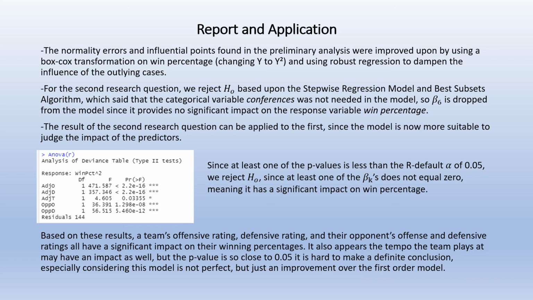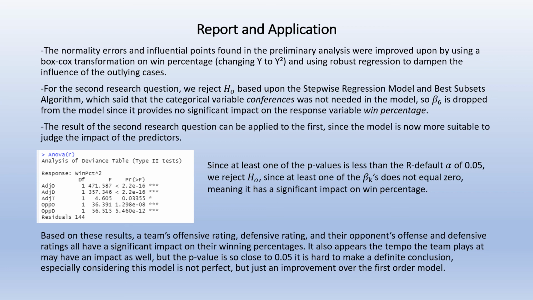Based on the p-values, we can pretty much say that offensive rating, defensive rating, and the opponent's offensive and defensive ratings definitely play a significant factor in determining the team's win percentage. Now the tempo they play at, it looks like there is an impact, but calling it significant might be a little too much since the p-value is pretty large, even though it is less than 0.05.